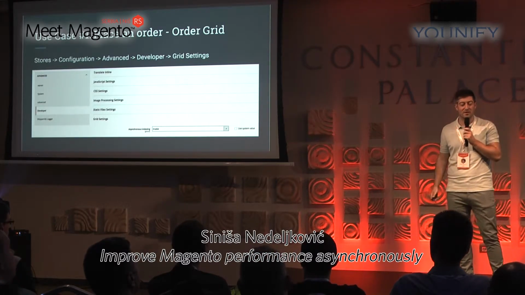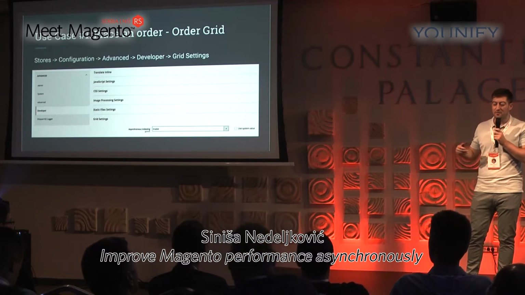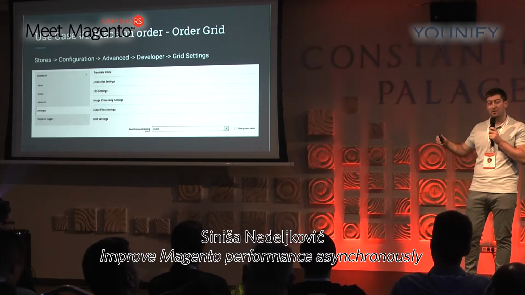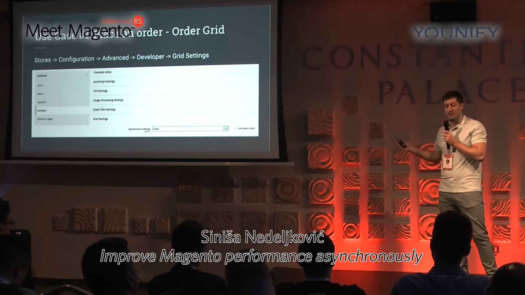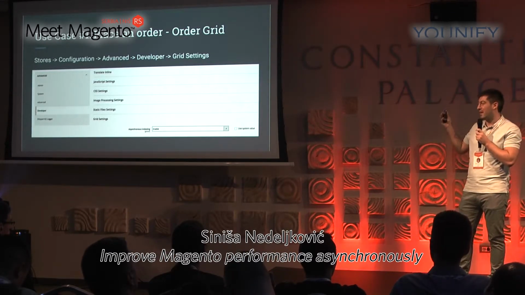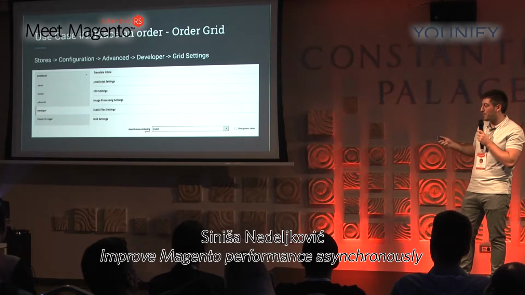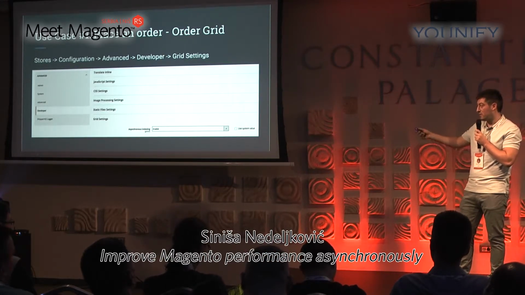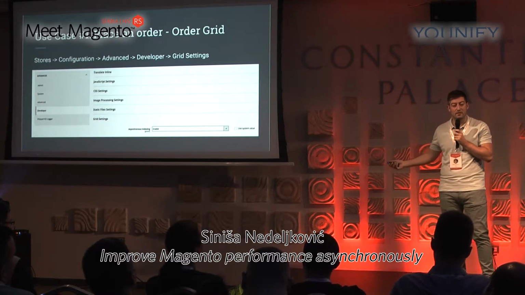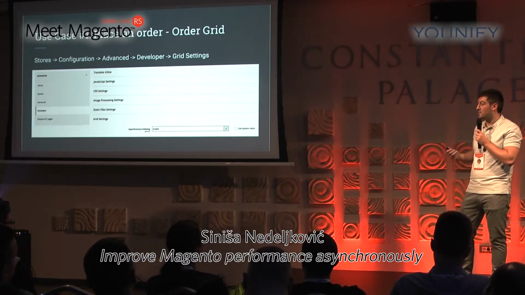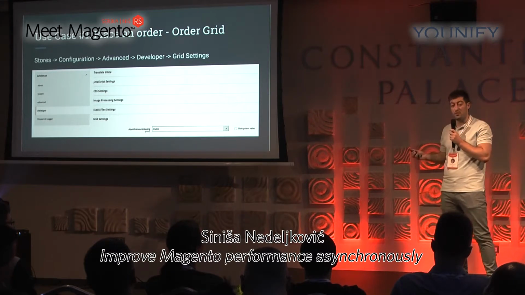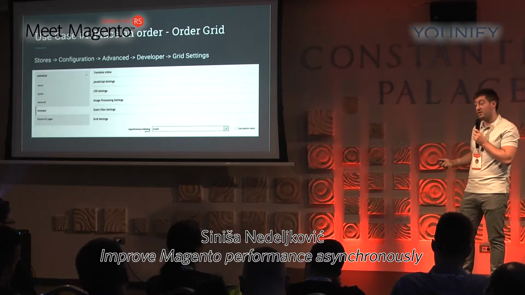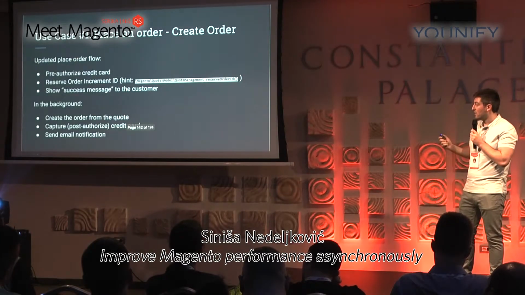It's like a reporting table which is compiled from the order address table, the sales flat order table, etc. So we don't want to do this on checkout. We can do this a few seconds later, and that way we'll speed up the checkout process. The customer will not wait too long until the credit card is charged. What about other things?